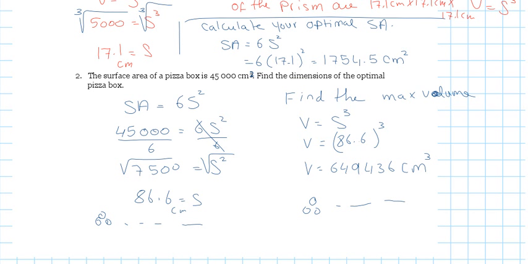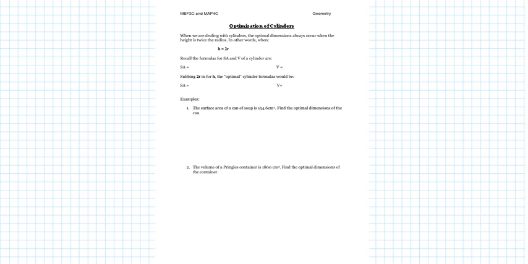All right. So we know that the cube is your best friend when it comes to optimization of a rectangular prism. We're all good on that page? Now, just be happy that it's only two shapes that we're going to talk about, because there's a whole course in university about optimization.